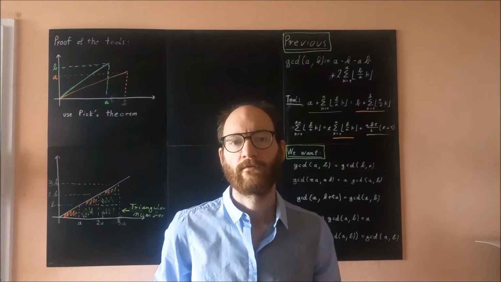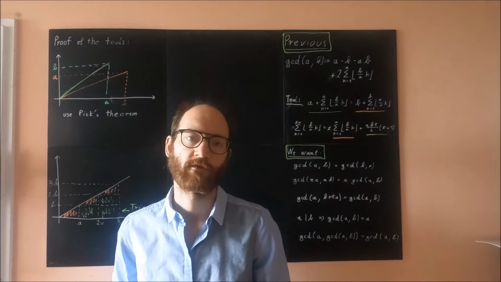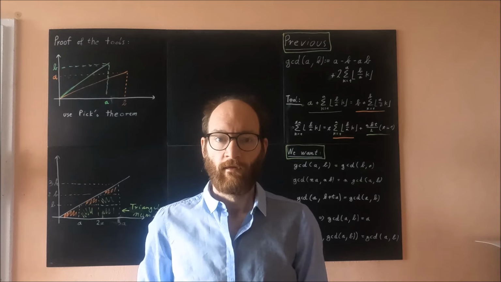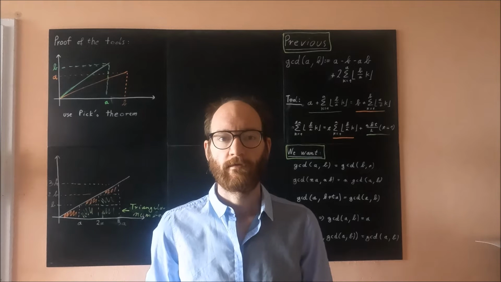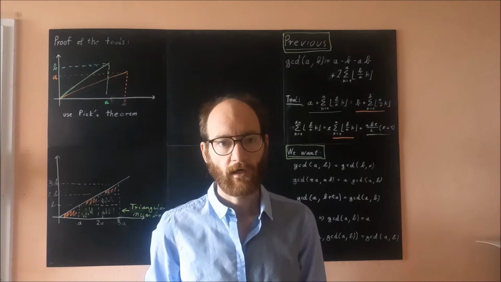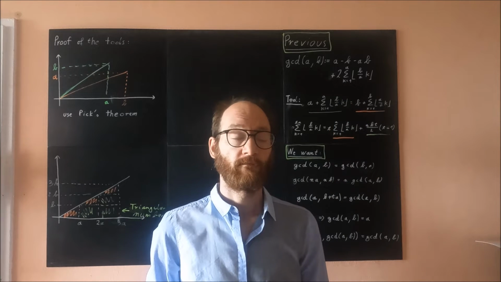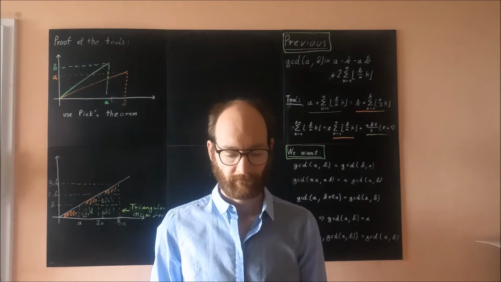Today we take care of the greatest common divisor and we use a certain definition. You can read it here. In one of my last videos I showed how to derive this formula using Pick's theorem.